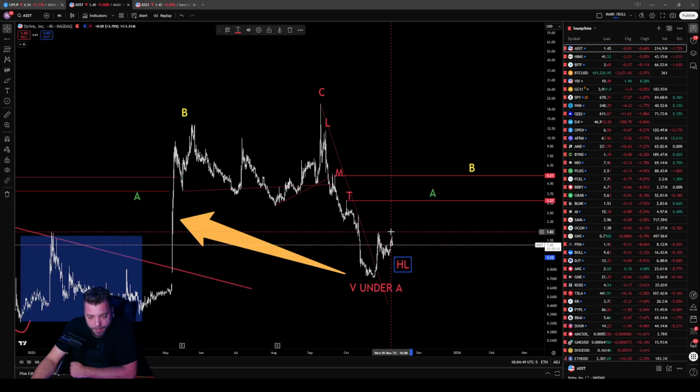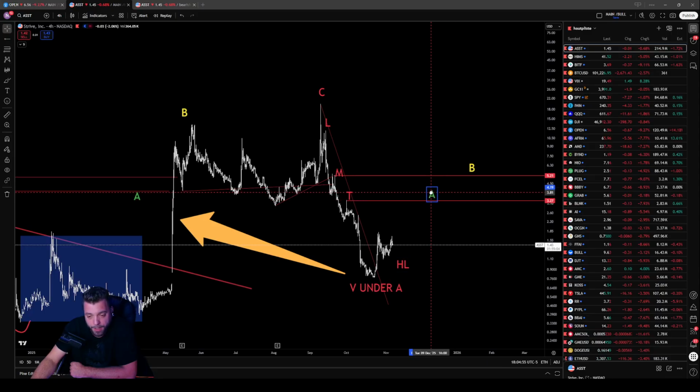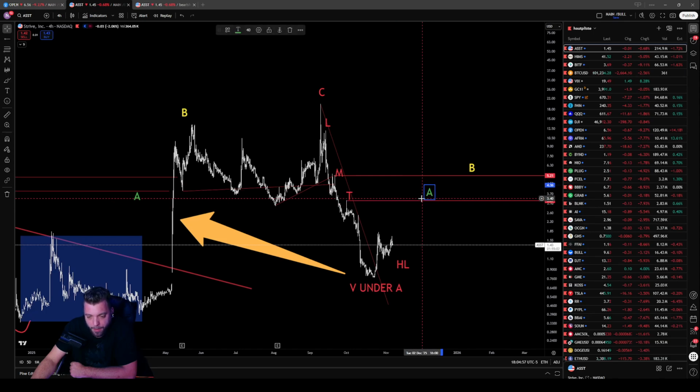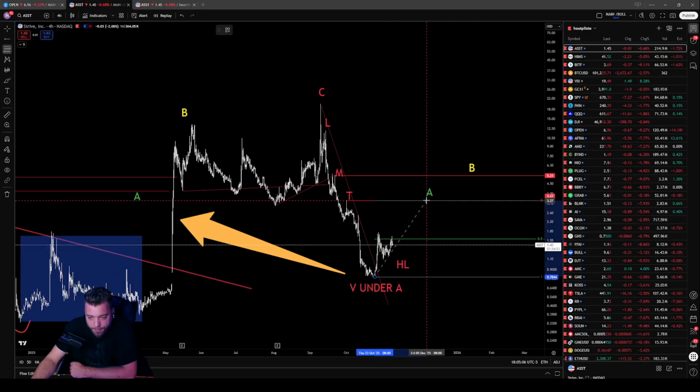Your next target would be A at 3.27, can be a little bit over it, on the line or under it. Then pullback, most likely at 0.5. So let's say if it's on the line, the pullback would go to 160.